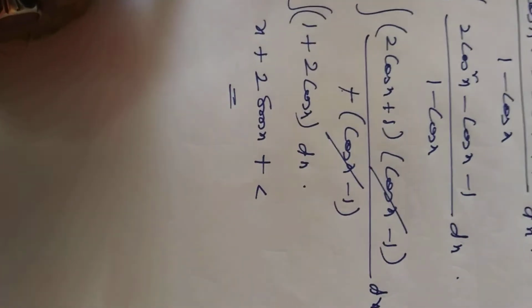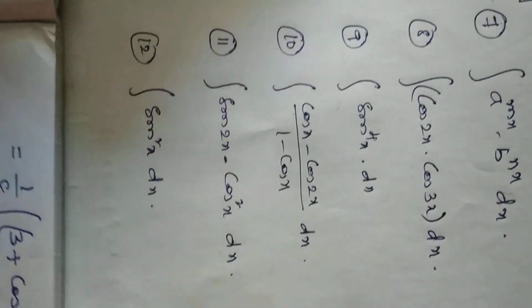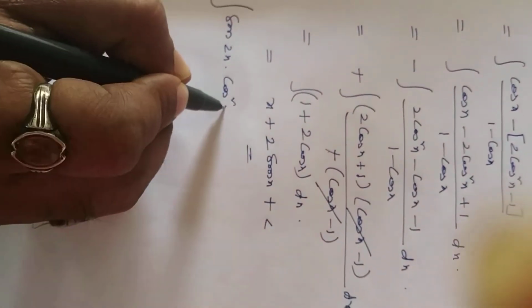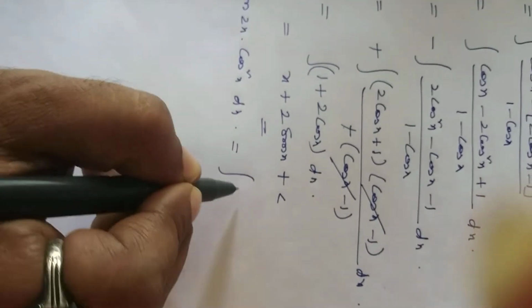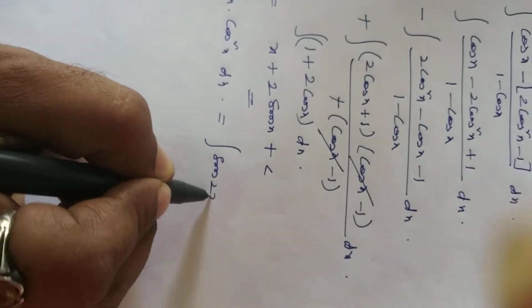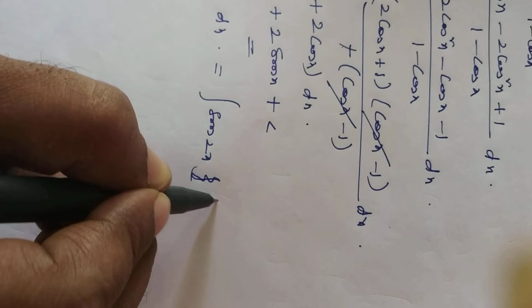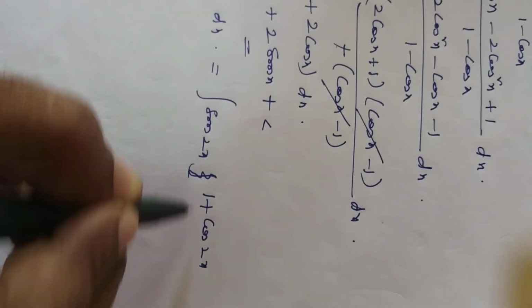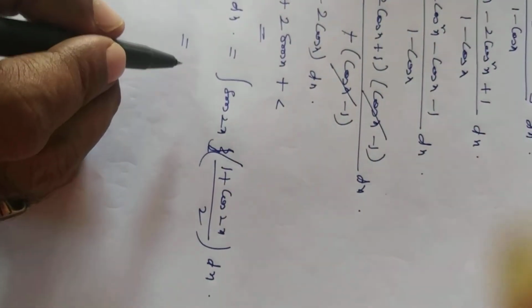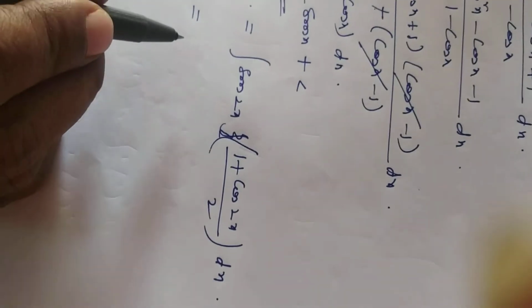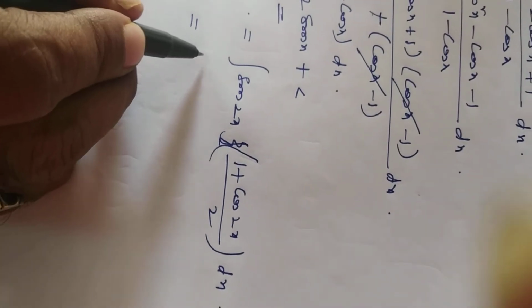Next, question number 11. That is question number 11. Integration of sin 2x into cos square x dx. So here also it is equal to the integration of sin 2x into cos square x, which is 1 plus cos 2x by 2 dx, we can write. So that is equal to sin 2x, so half we can write it out.